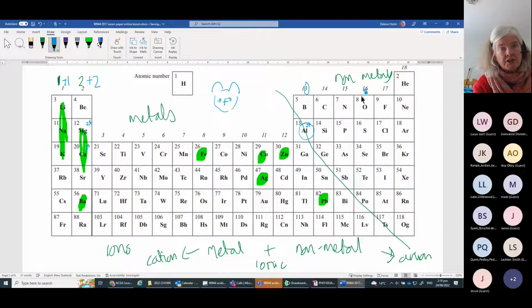So these over here in group 16 will gain 2 electrons. Okay, I put a plus for gaining, but it's going to have a -2 charge to get a full energy level. And anything in group 17 is going to gain 1 electron. Yep.